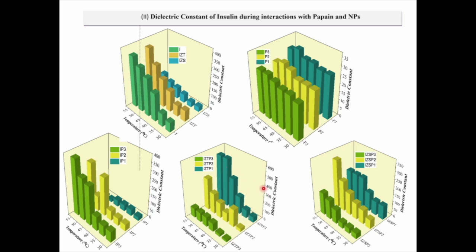The pure insulin ranges from 400 to 50, and for tetrapodal structures at the highest concentration of papain, it is also in the same range. So we can easily say that the shape and morphology of the nanoparticles used as carriers or preservatives matter a lot in the formation of the nanoparticle protein corona and the functional specificity of the proteins.